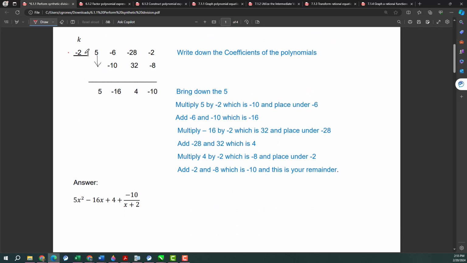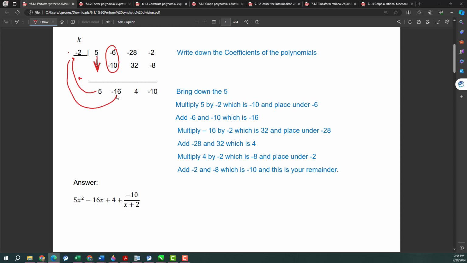When you divide, your first step is to bring down your 5. When you bring this down, you can then multiply 5 times -2. That's where they get the -10. You can then perform the operation -6 minus 10, you get -16.